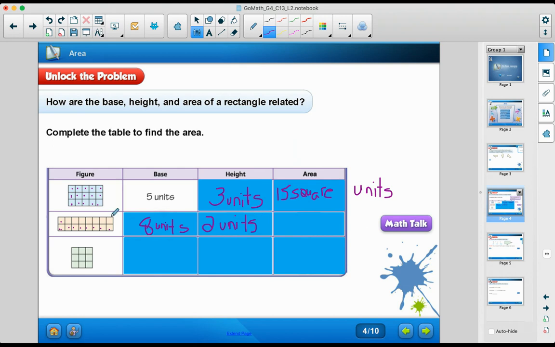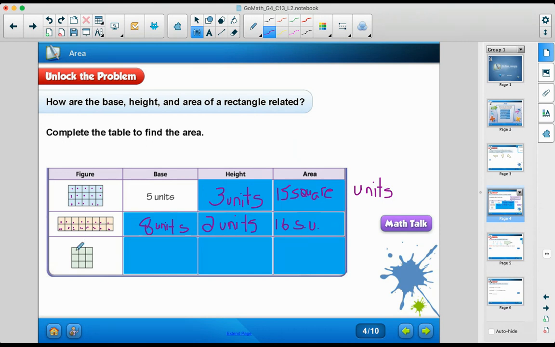Okay, if we count all the units, we have 1, 2, 3, 4, 5, 6, 7, 8, 9, 10, 11, 12, 13, 14, 15, 16. We have 16. I'm just going to write sq units, square units.